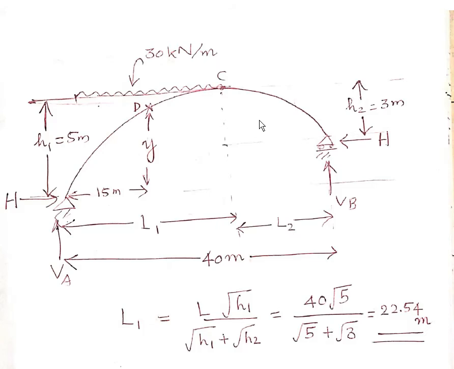So here there are two rise values, because the springing points A and B are at different levels. Here you can see that from the springing point A to the crown point, the height is 5 meter, and from springing point B to the crown, the height is 3 meter.